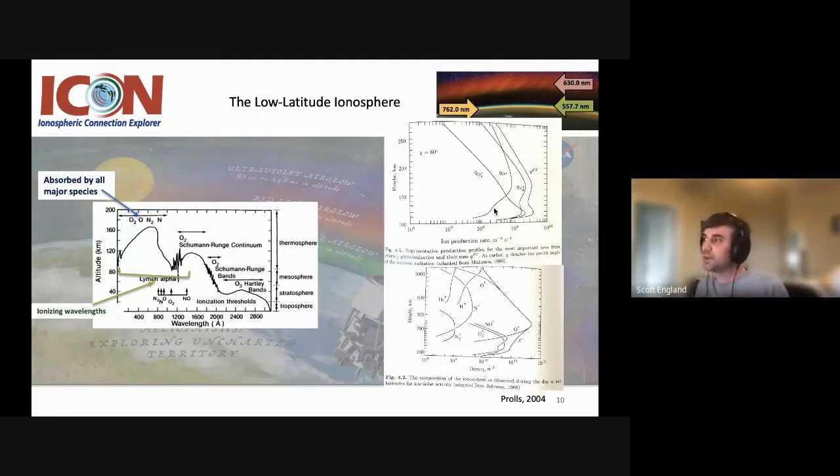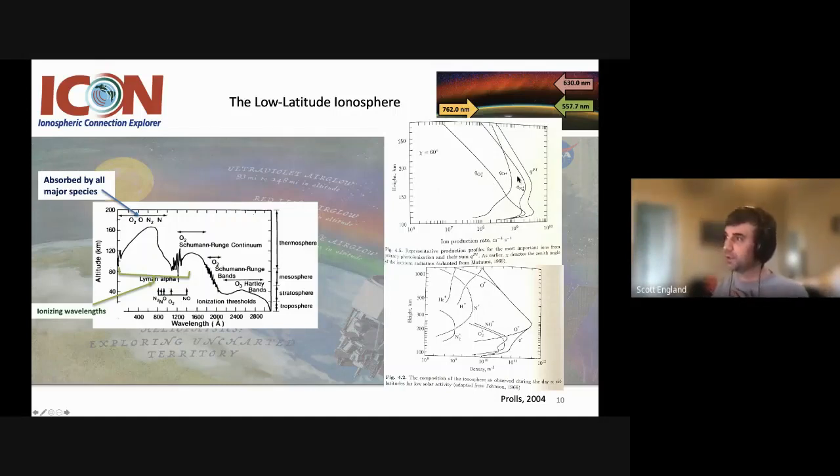We'll see a strong peak in production in this middle thermosphere region, let's say about 160, 170 kilometers or so, with a lot of ions getting produced there. There's another peak down in the lower thermosphere that's going to be less important to our talk.